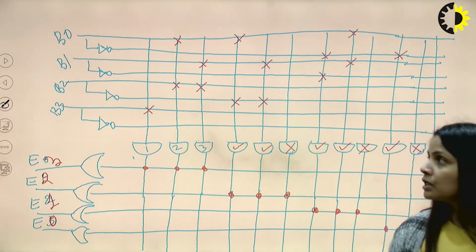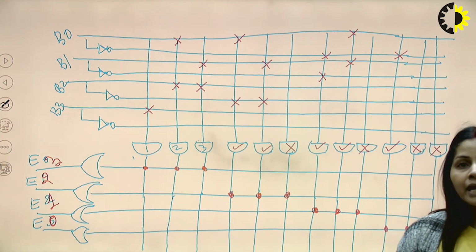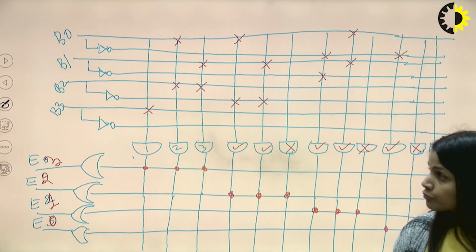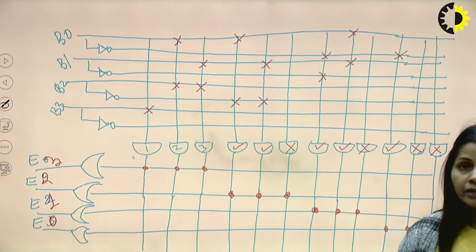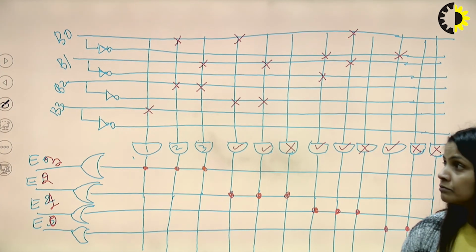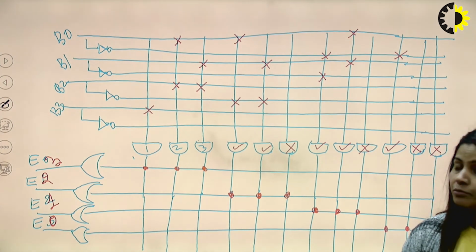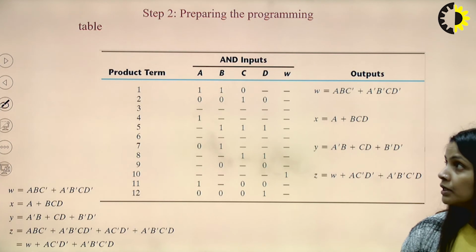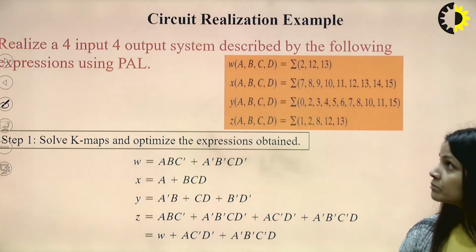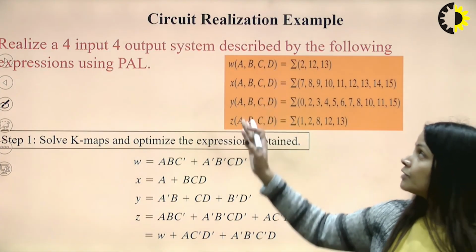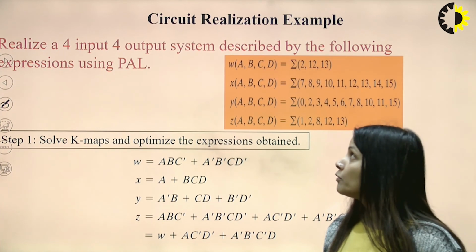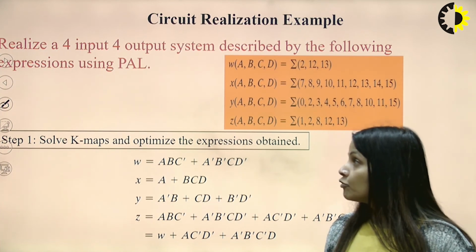The only thing is that fixed AND gates are used for the OR gates like this, and this is how the PAL is different from the PLA. Now one more example is being given. Let's say we have a 4 variable function w, x, y and z. There are 4 functions here.